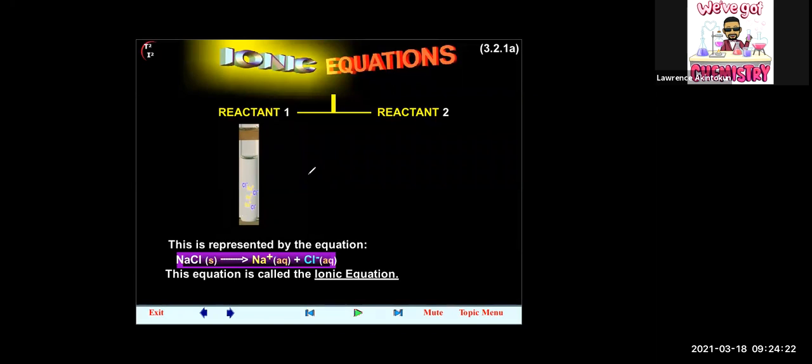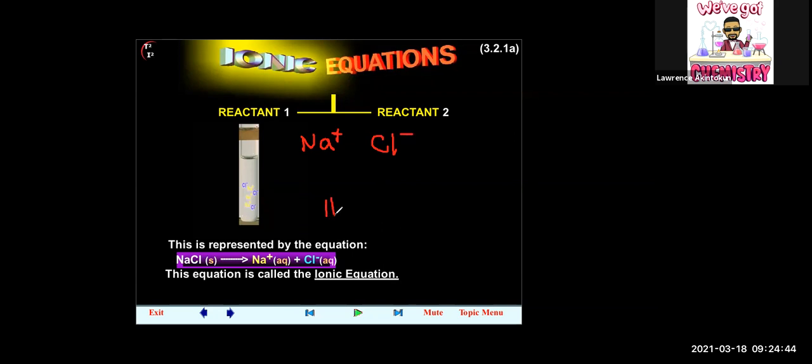All right, let me explain briefly what happens in the solution because you need to know the diagrammatic expression of this. Now, sodium chloride has an ionic bond, so it has sodium ion and chloride ion.